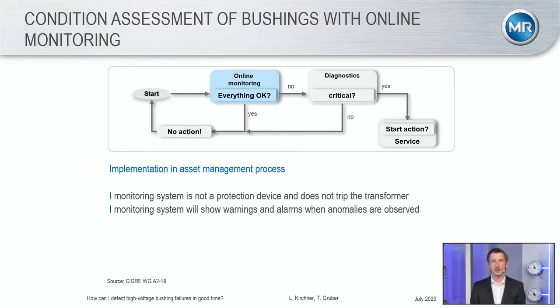Is there maybe a hotspot in the bushing? Do I have a loss of a layer or even more layers than just one? And then you start further action. So once again, it's important to know that a monitoring system is not a protection device, but it will show warnings and alarms when something is abnormal.